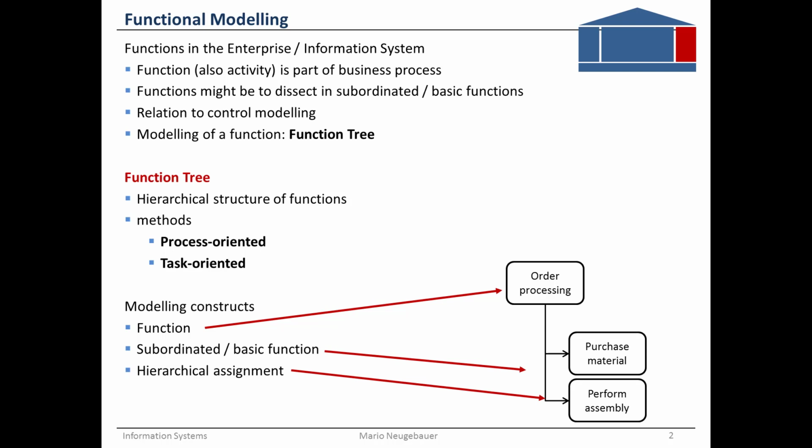And the function then should offer the possibilities to put in data for the business process into the information system, or to get some data from the information system to support the business process, or to trigger some processing, which then might also lead to the next step, to the next activity in the business process.